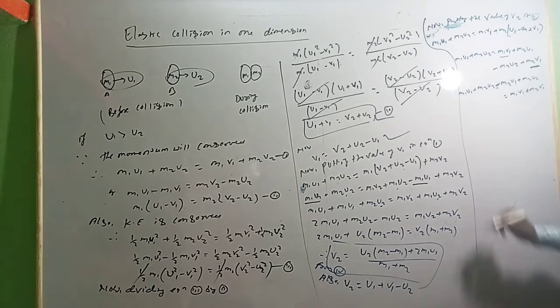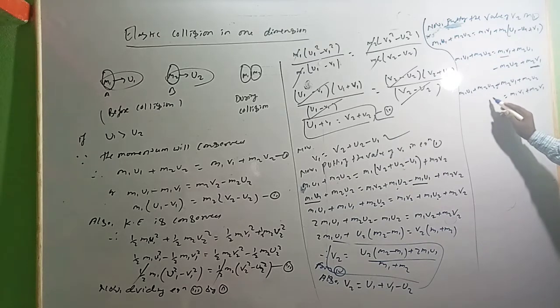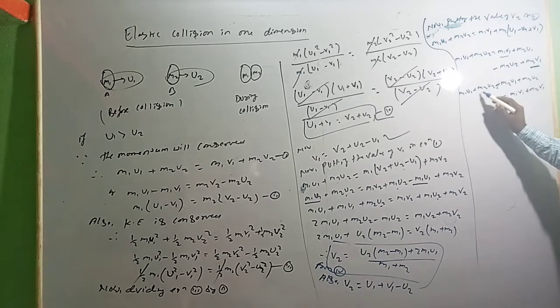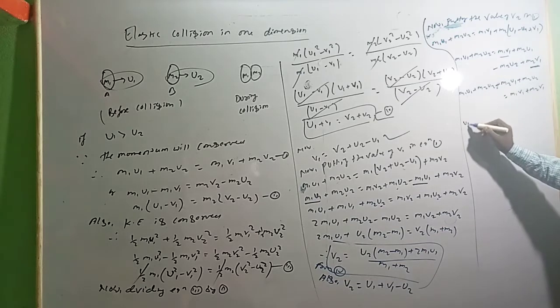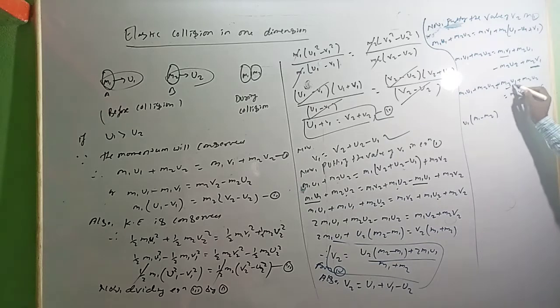Okay, now you will add this one. How will you add? You see that m1 u1 and one more, what will you take common? v1. I will take the common. Here is the v1 and m2 and m2, two times it will be, and here you will take common u1. If you take common, then here is m1 minus m2. This and this term cancel.